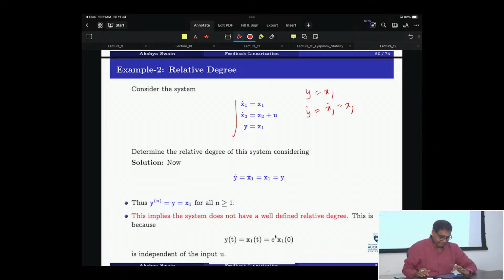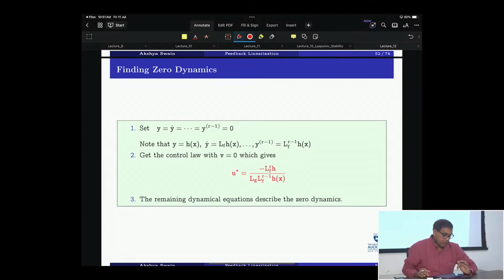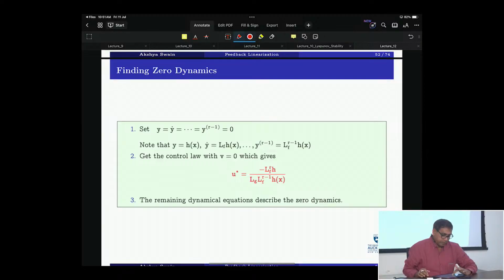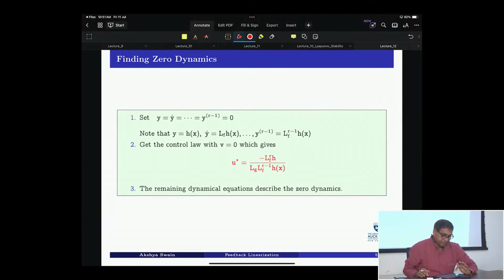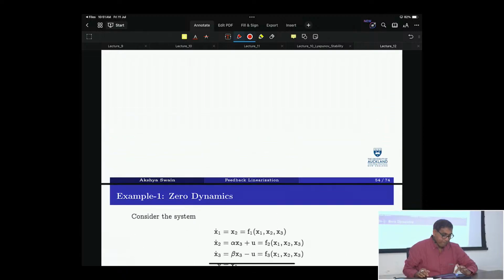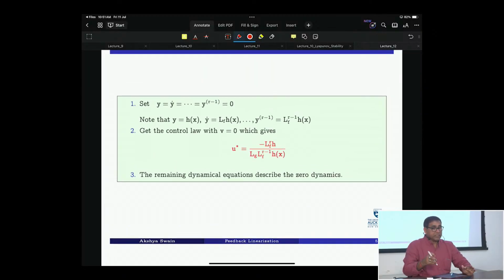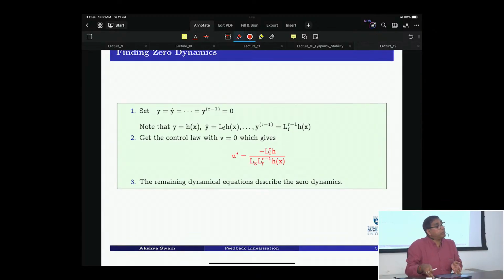The system should have a well-defined relative degree.